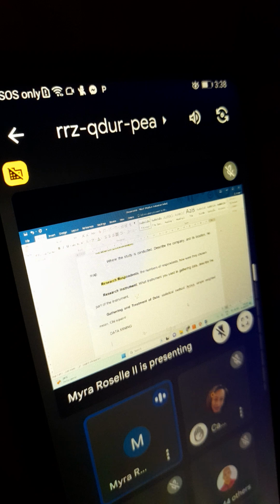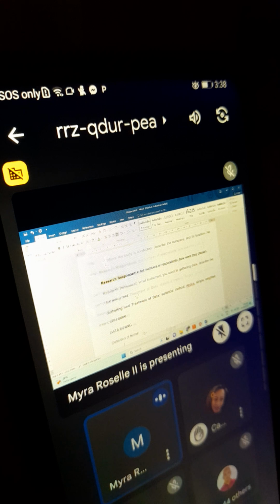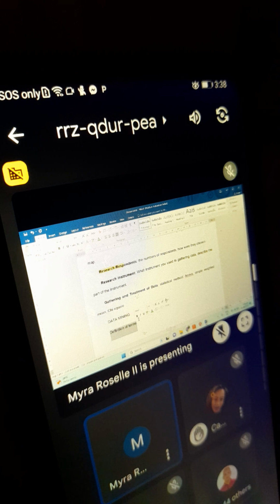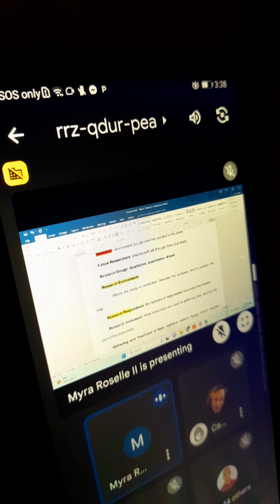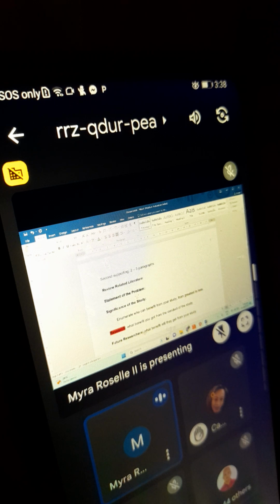And then, the last part of chapter 1 is definition of terms. Usually, and this is a tip for everybody, you get the words or phrases to be defined from your title or from your statement of the problem.